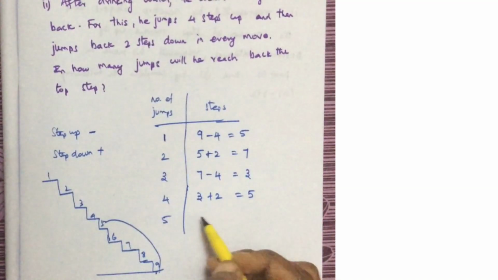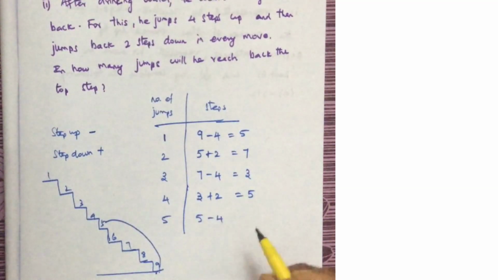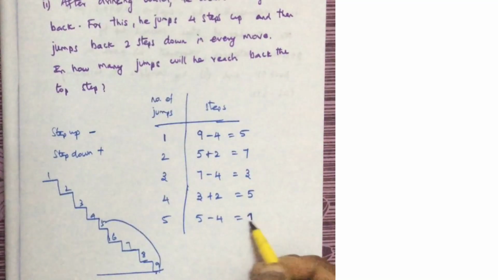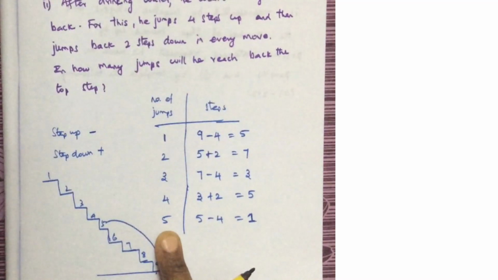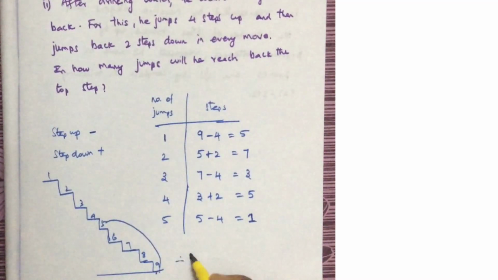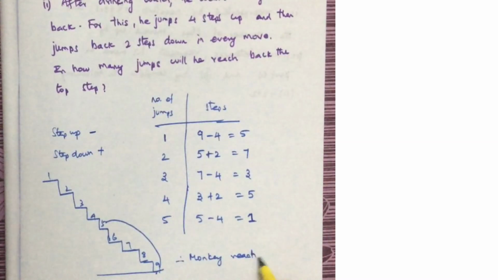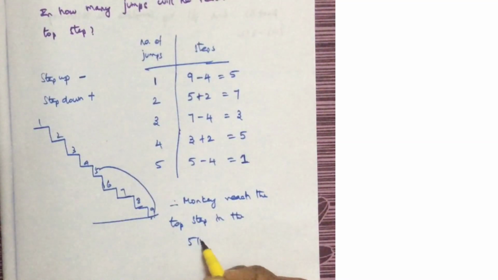Then the fifth jump, 5 minus 4, that is equal to 1. So it reaches the first step in the fifth jump. Therefore, the monkey reaches the top step in the fifth jump.